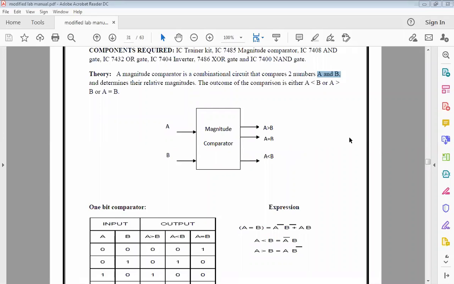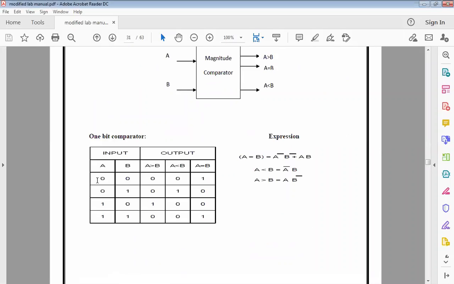Right. So now we will take the 2-bit combinations, 00, 01, 10, 11. For this combination, we will have 3 columns.